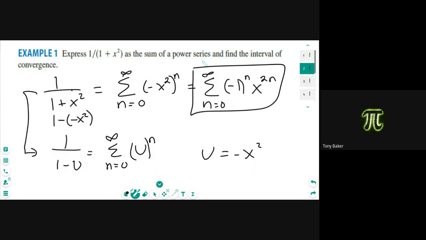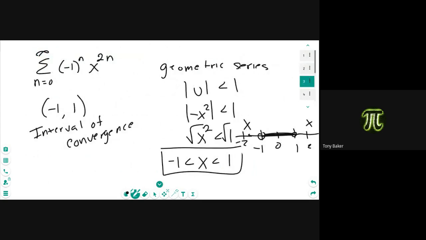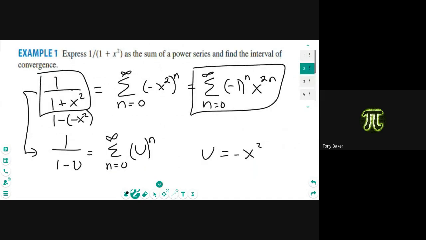That's representing this as a power series, and find the interval of convergence. That's -1 less than x less than 1. Right. So basically what we're saying is this only works when x is between -1 and 1. Otherwise this method that we just did won't work. We'd have to do something else.